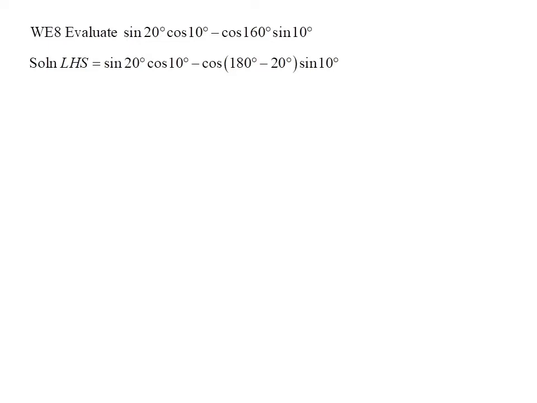So the expression equals sine 20 degrees cosine 10 degrees minus cosine(180 degrees minus 20 degrees) times sine 10 degrees, which equals sine 20 degrees cosine 10 degrees plus cosine 20 degrees times sine 10 degrees. After applying the addition formula, it equals sine 30 degrees, which is 1 over 2.